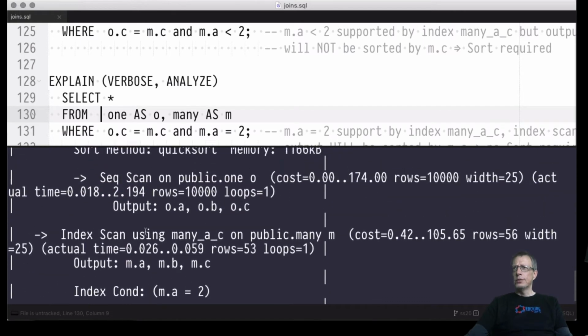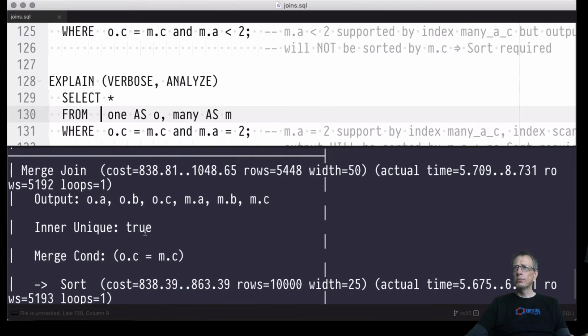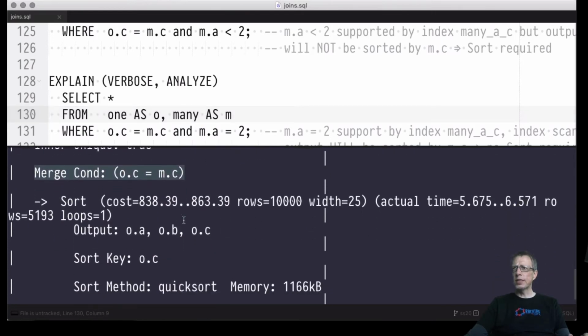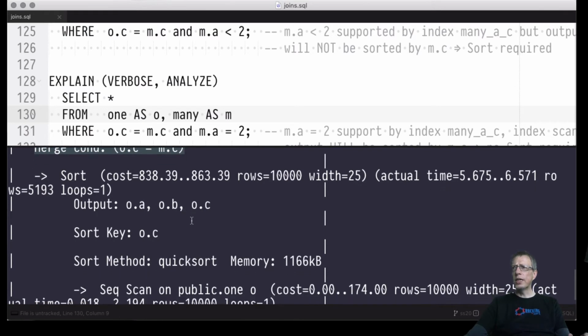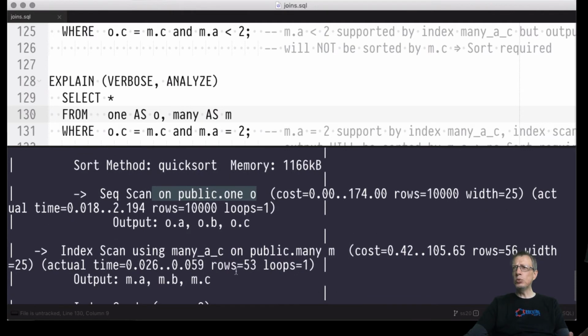All right, yes, it's a merge join again. And indeed it uses a merge condition as expected. It uses an explicit sort on the one side. Okay, we have expected that. But it's indeed using an index scan on the many side.